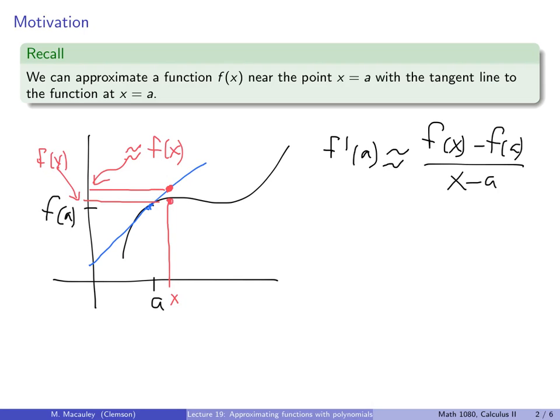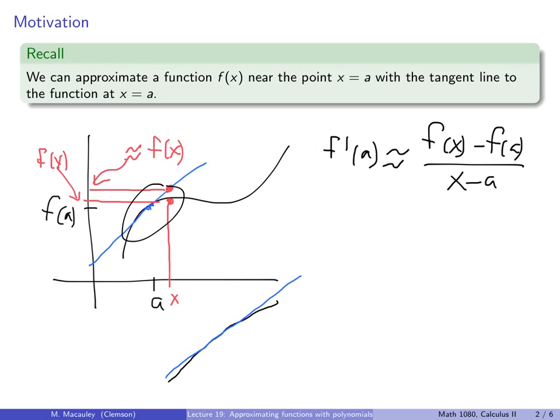And again, this only works for x close to a. Once we get far out, once we're out in this range or way down here, then these two lines are going to diverge enough that this is not a good approximation. So again, only close to a. Let me zoom in here. What you would see is that our function looks almost flat, and our tangent line is going to be really close to it.